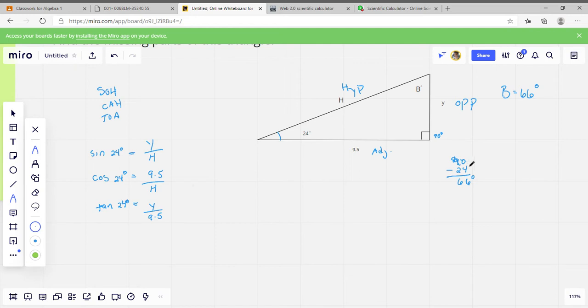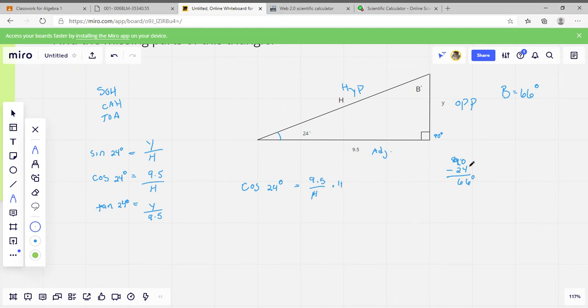Alright, so we're going to go over to our calculator and we're going to try to solve for our cosine first. So we've got cosine 24 degrees equals 9.5 over h. Now to solve for this, it's a little different than things that we usually solve for.